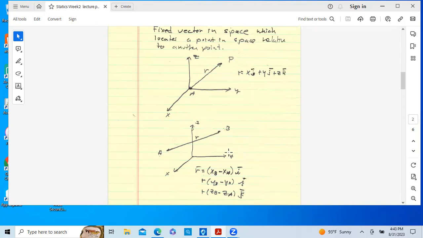Then we subtract ya from yb, and that's in the j direction. And for the z, it's zb minus za k. And so we have the position vector designated in the i, j and k direction.